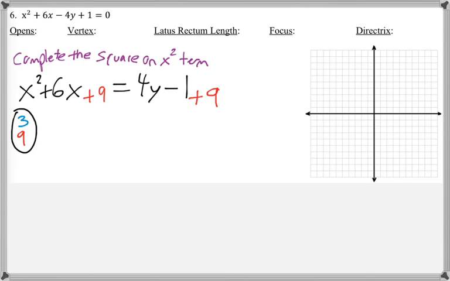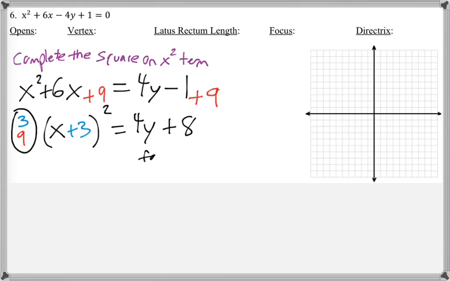The left-hand side will factor as a perfect square trinomial. So it's going to be x plus 3 squared. And the right-hand side is going to be 4y plus 8.